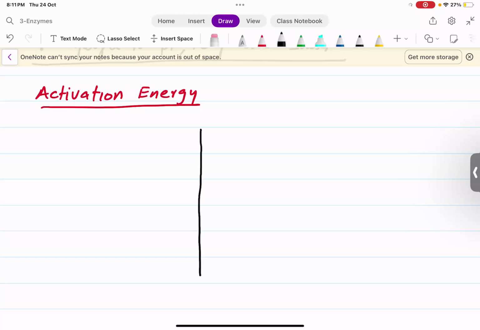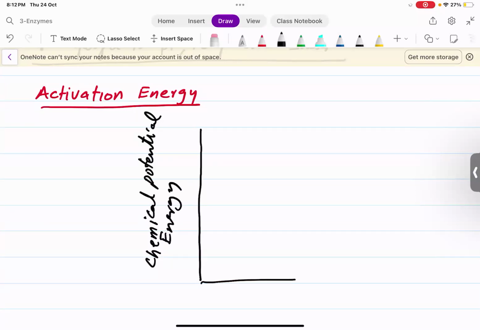So if I plot a graph showing chemical potential energy on y-axis, and time on x-axis, and we compare the activation energy of a substrate, a substance like it may be glucose, or maybe sucrose, so this is a substrate, and this substrate can be converted into glucose and fructose.